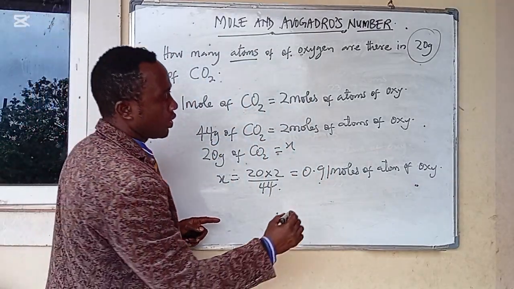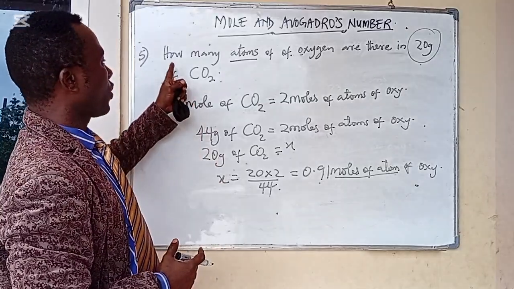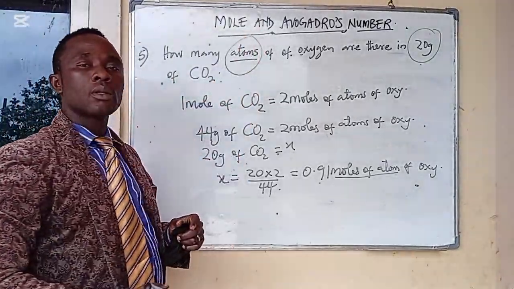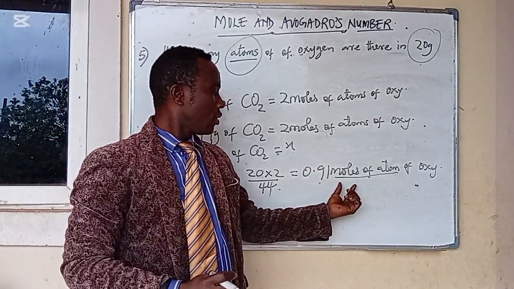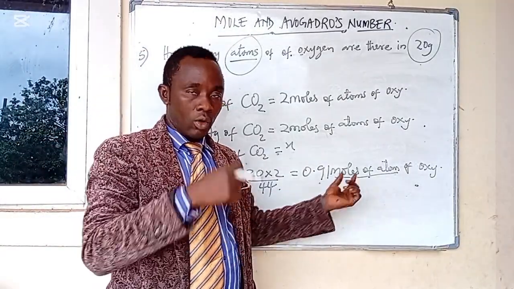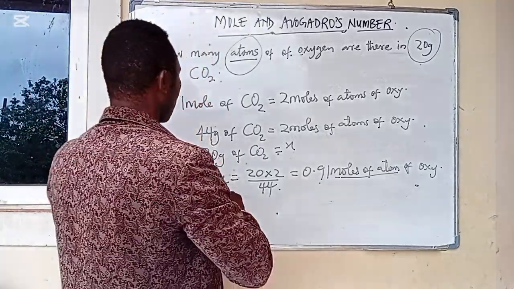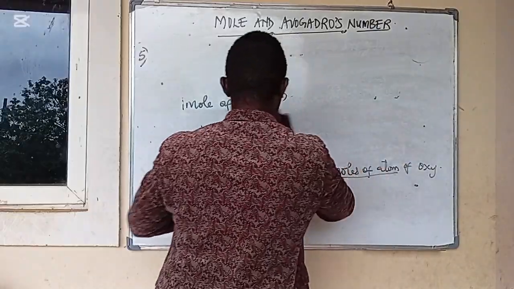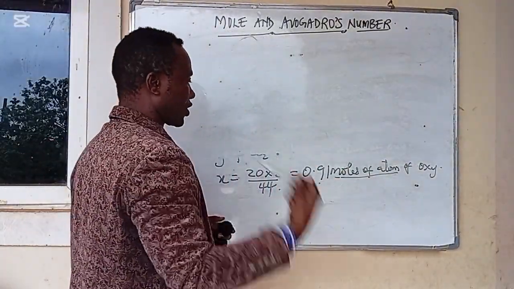Are we asked to calculate moles of atom of oxygen? No. We are told to calculate atoms, not how many moles of atom. So we need to convert from moles of atom to ordinary atoms. How do we convert from moles of atom of oxygen to ordinary atoms of oxygen?